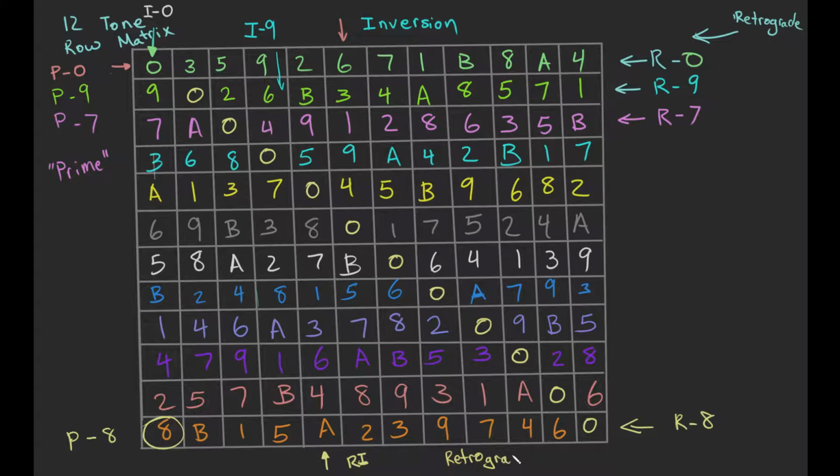So it makes it really simple to see all your retrograde inversions, all your inversions. This matrix kind of all works, and we'll talk in a second about why you would ever want to go through the hassle of doing all this. So this row here that I've put an arrow to, starting A, 4, 6, that kind of thing, is RI-2. Because it ends in 2, just like our retrograde.